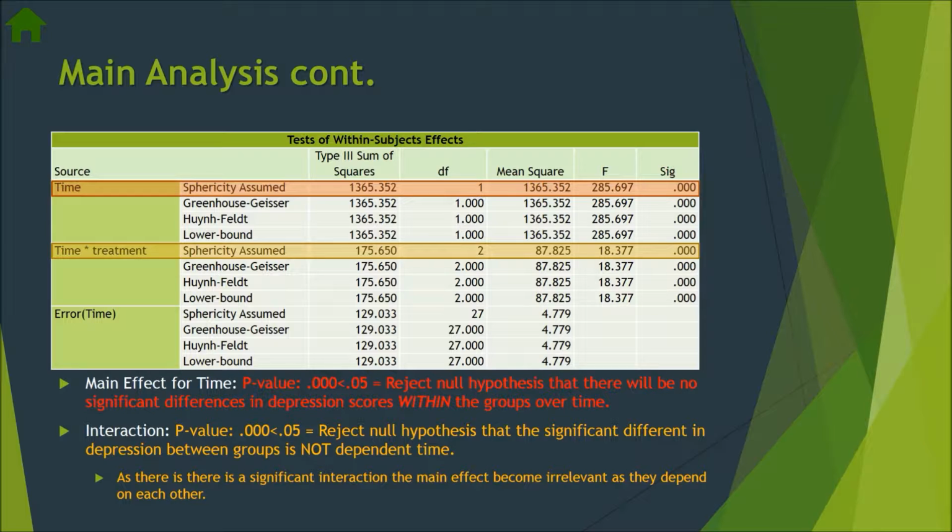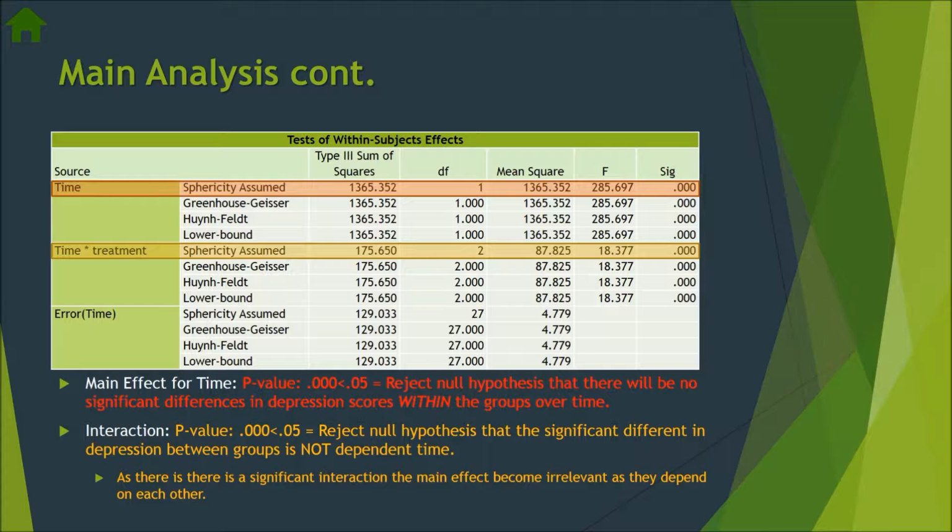Okay, so the first box that we need to look at is the test of within subject effects. Now this is testing both the main effect for time, but also an interaction, because the interaction includes a within element to it, i.e. the time.